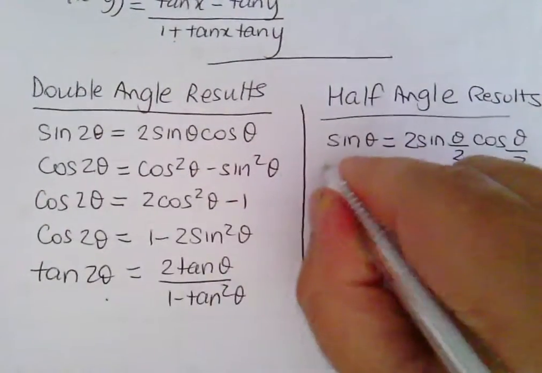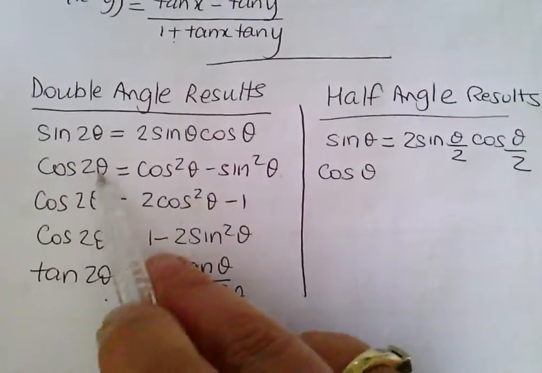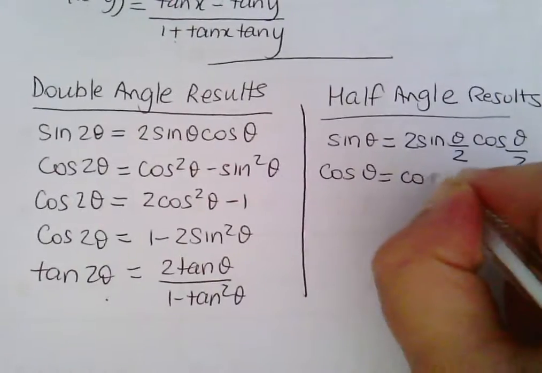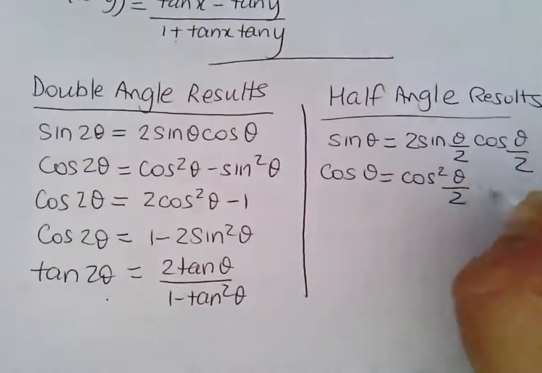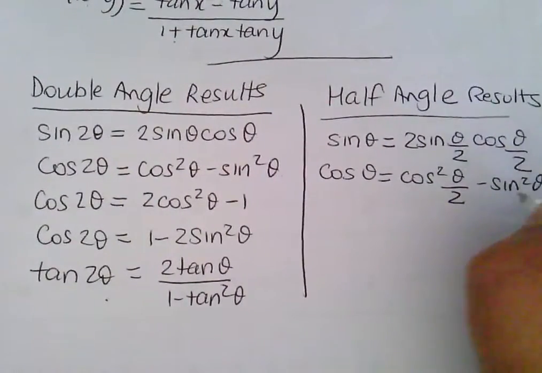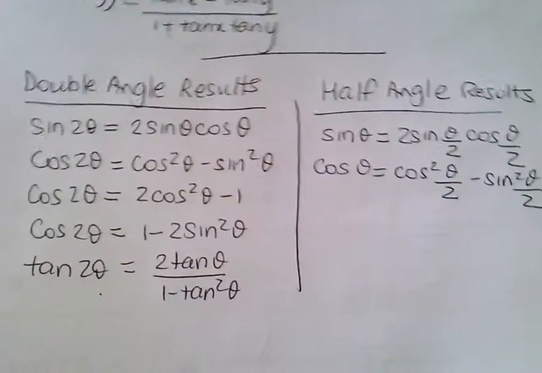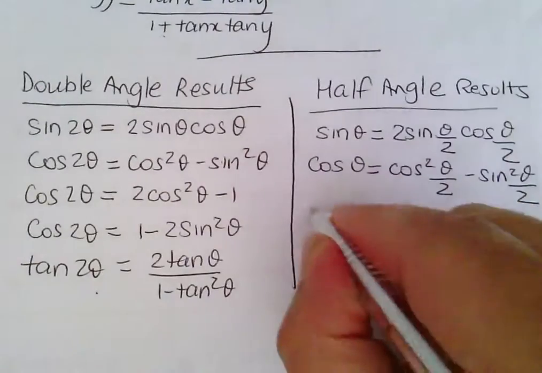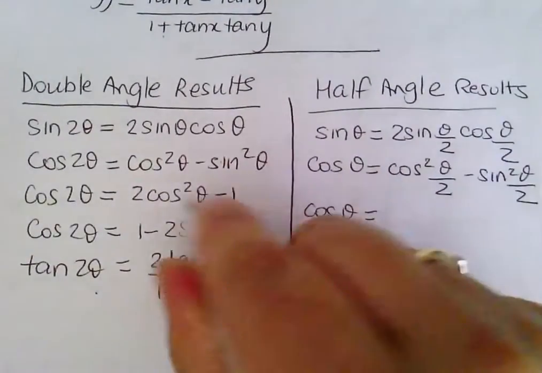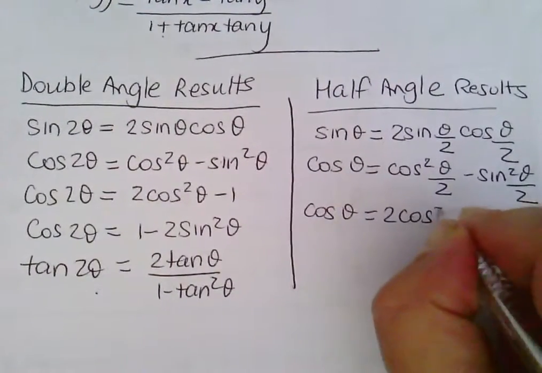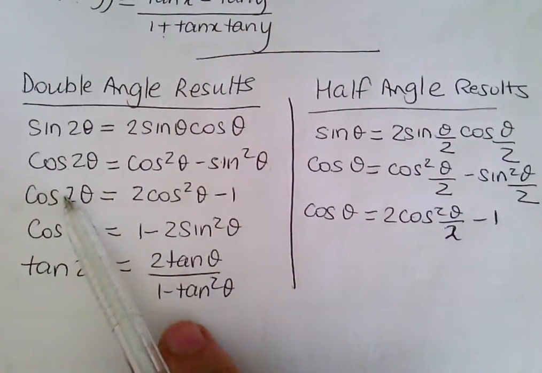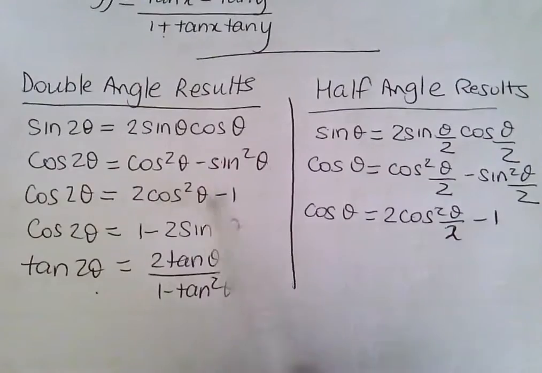Okay, if I replace the cos 2 theta, as long as the 2 theta is double what's here on the right hand side, cos theta really is cos squared theta on 2 minus sine squared theta on 2. Do you see that? I'm following the same result. Cos theta is also 2 cos squared theta over 2 minus 1, as long as the angle out the front is double the one on the right.